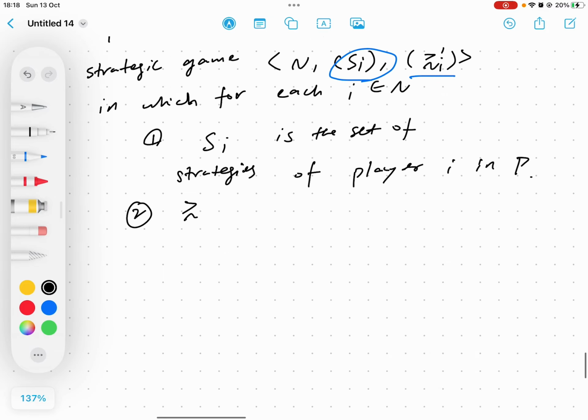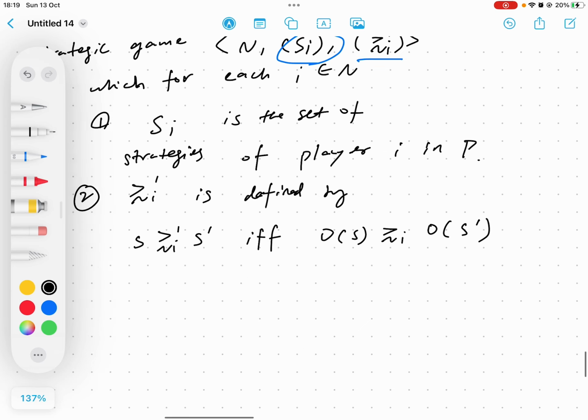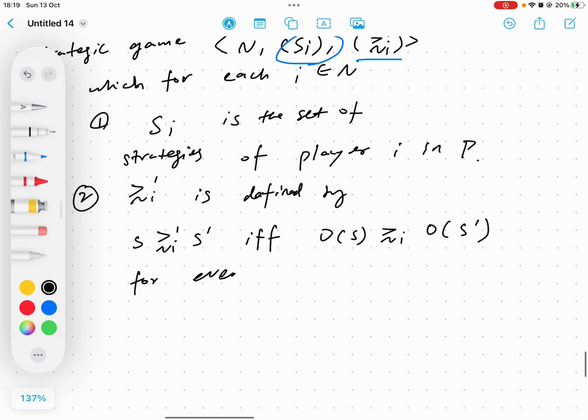And second, this preference prime, this new one, is defined by: S is strictly preferred prime to S prime if and only if the outcome of the strategy profile S is strictly preferred to the outcome with some S prime, for every S, right? So S is just the product of the S i's, and all the S primes.